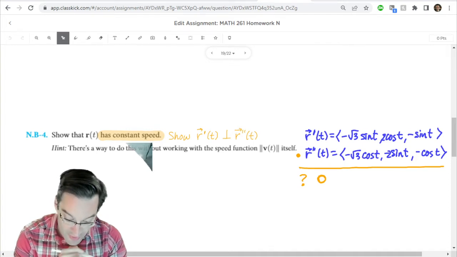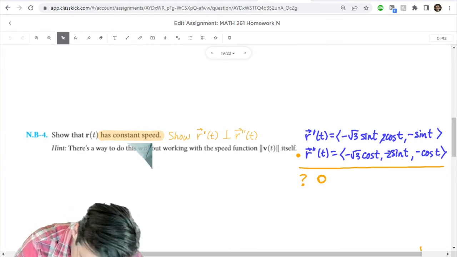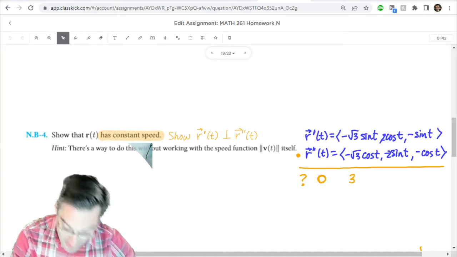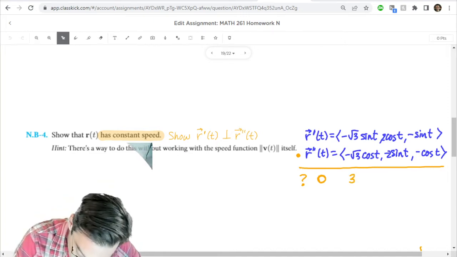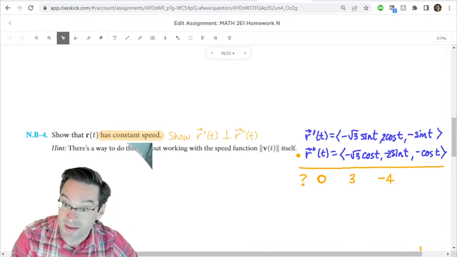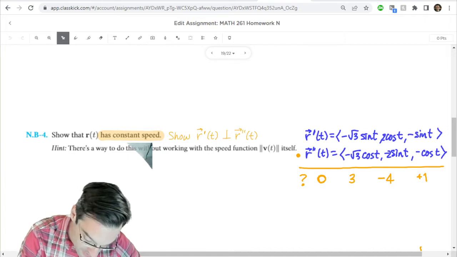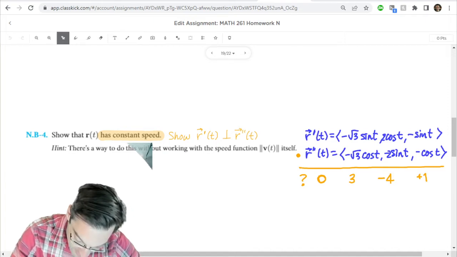When you do this dot product, these square roots of 3 are going to multiply together to give me 3 sine t times cosine t. And then my 2 and my minus 2 are going to combine to give me negative 4 cosine t sine t. And this minus times a minus is going to give me a plus 1 sine t cosine t. So I think it actually does work out.